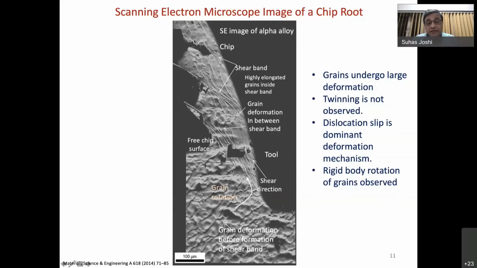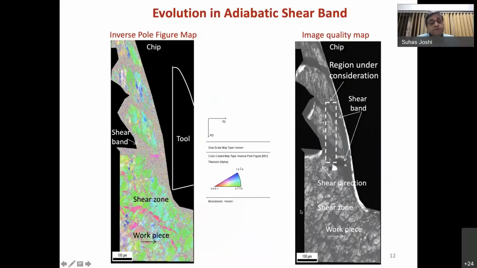So you have a 5 or 6 micrometer grain, and now it has become very small size grains. But you also see some of these grains here. So the chip formation in this material is a very different phenomenon, and you will wonder what happens in this particular case.